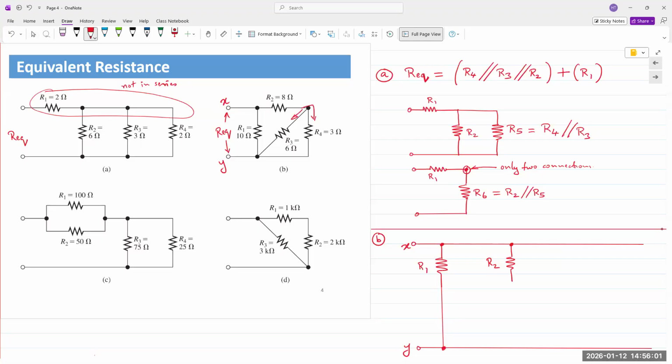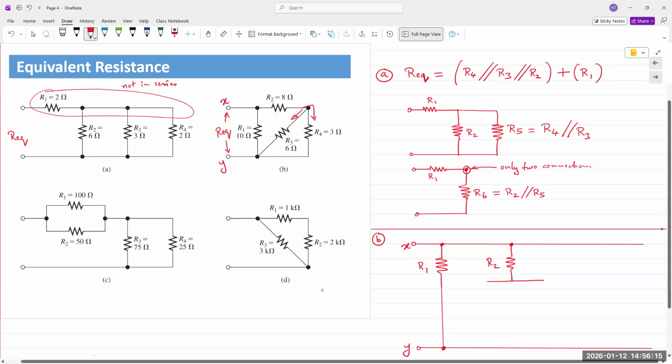What else is connected at the other end of R2? We have R3 and we have R4. So we have two resistors connected to the other end of R2. So I'm going to split this out into two. I'll draw those resistors, R3 and R4.